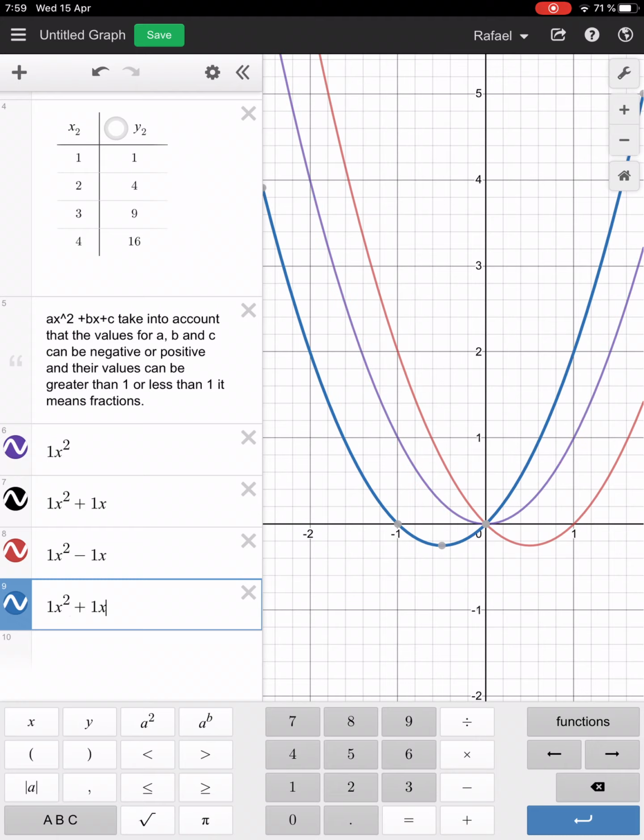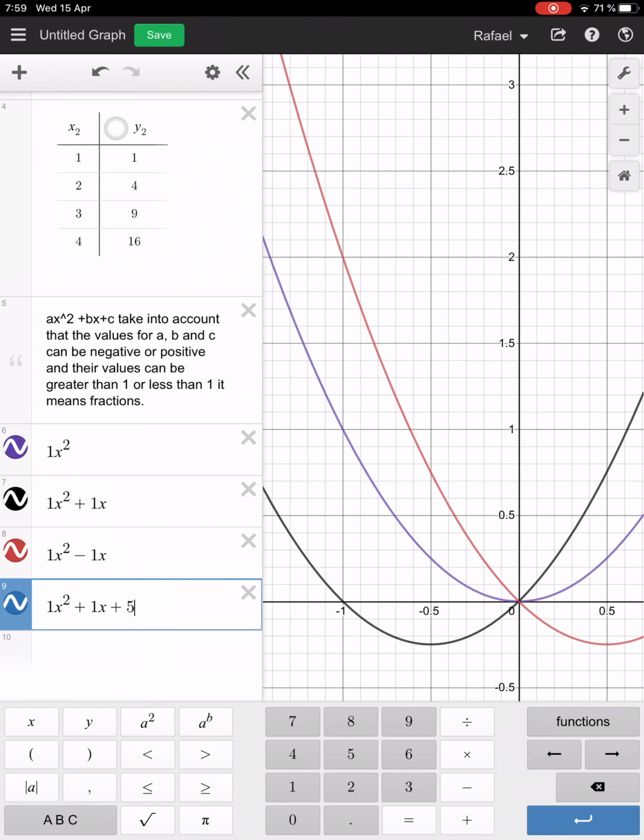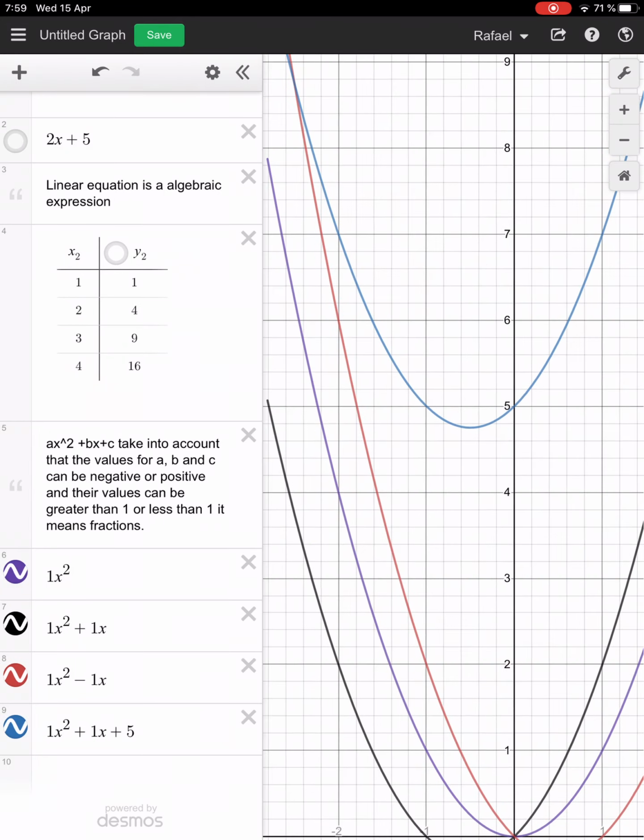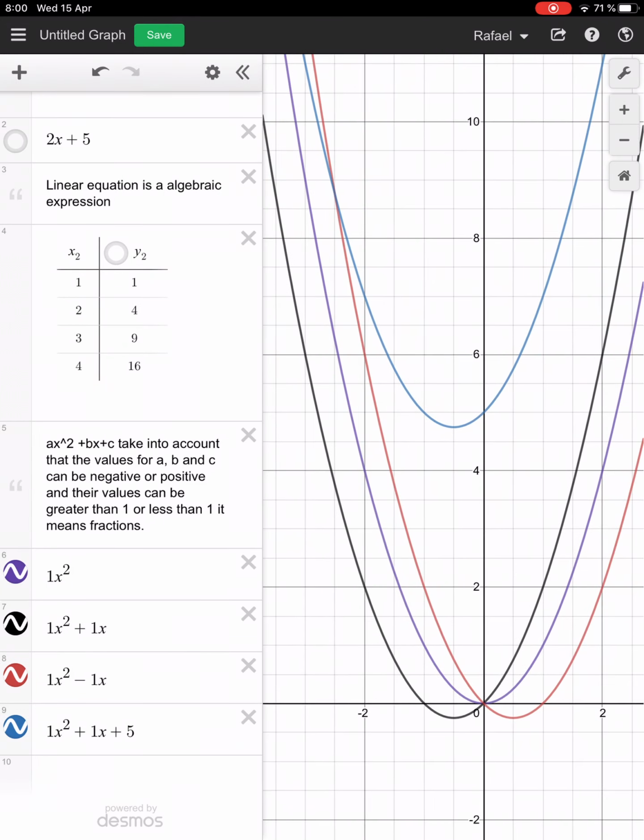We are going to say 1x squared plus 1x plus, and we are going to say a value for c that can be 5. If we see, by taking this value of c, the curve was moving 5 places up. That means 5 places toward the positive numbers on the y-axis.